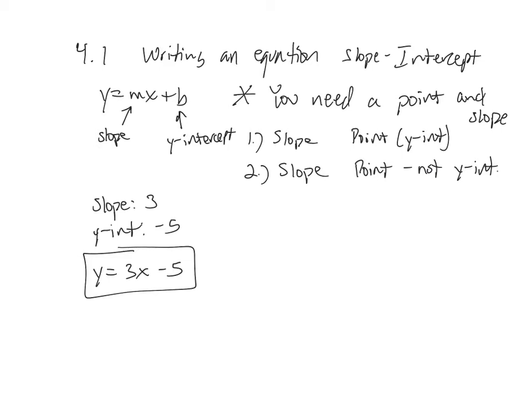So it's just reinforcing that the m is the slope and the b is the y-intercept.